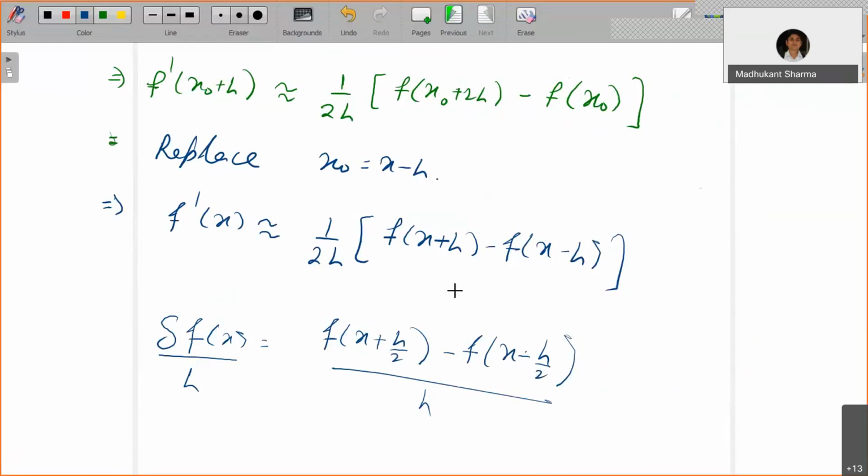Okay, and you have also seen this is a better approximation, and you can also verify that the error term, if you try to fit here, is going to be something like minus f third derivative at zx by 3 factorial h square.